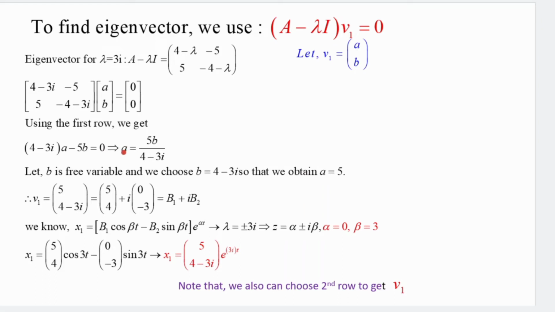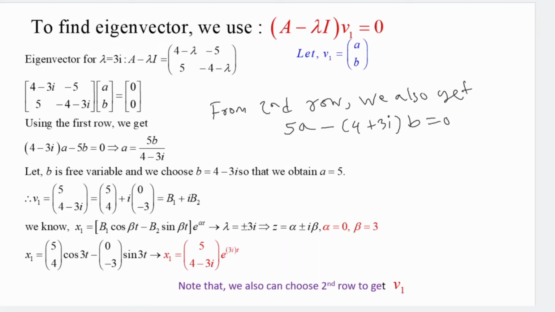When we simplify this one, we get a equal to 5b divided by 4 minus 3i. If we use the second row, then we get 5a minus (4 plus 3i)b equals 0. But here I use only the first row. You can also use the second row. So now we get a equal to 5b divided by 4 minus 3i.